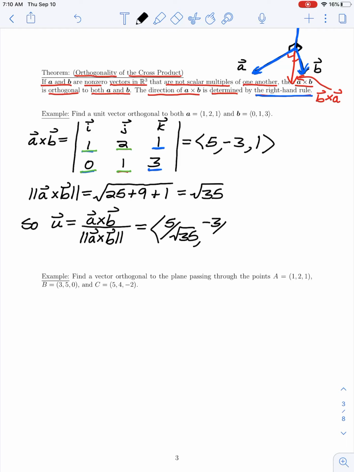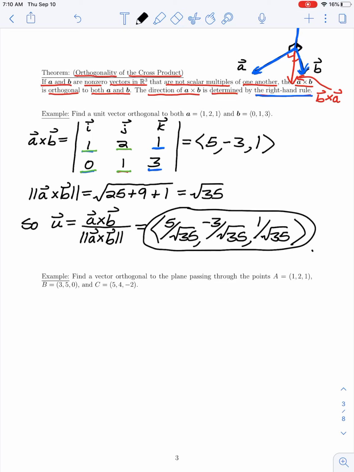Our second component would be negative 3 divided by the square root of 35. And our third component is 1, divided by the square root of 35. So this would be a unit vector which is orthogonal to both a and b. Now, if you were using b cross a instead of a cross b, you would get this same vector, but pointing in the opposite direction. So you would get the components of your vector as the negative of what I found here.